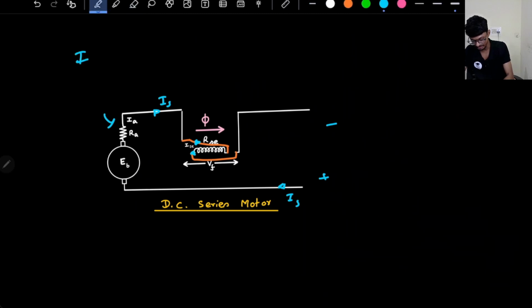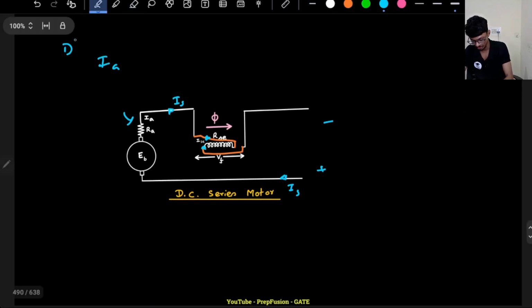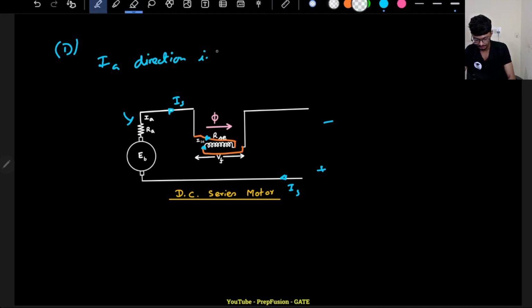So IA direction, this is the option D, IA direction is reversed, but IS, the series field winding current, is not reversed.